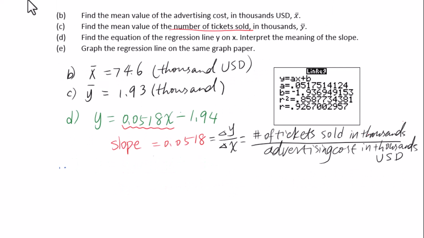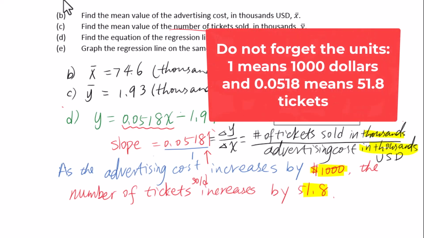Since the slope is a decimal, you can put it over 1. As the denominator increases by 1 unit, y will increase by 0.0518 unit.